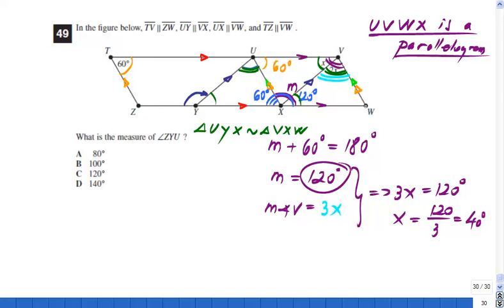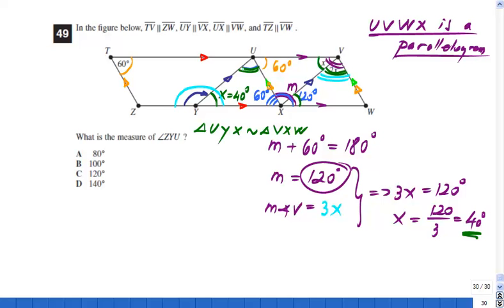Because TV is parallel to ZW, cut by the transversal VX, which makes this angle and that angle congruent, which means this angle here is how big? X, but X is what? 40 degrees.